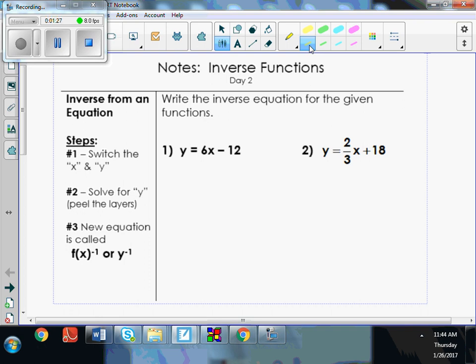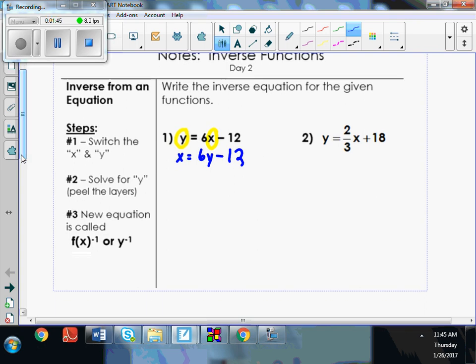So the very first thing you want to do is rewrite the equation, but switch x and y. So I'm going to write x equals 6y minus 12. The thing that helps my students is that if you want to solve in terms of y, it's easier to move things from left to right.